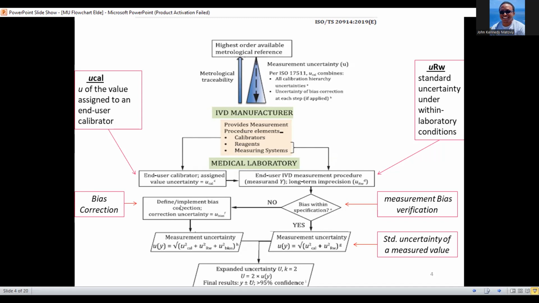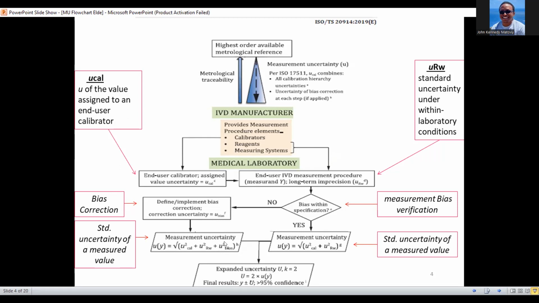So now you have uncertainty from the bias, uncertainty from CAL, and uncertainty from our long-term imprecision. Then you simply combine the UCAL, the uncertainty from our standard within lab conditions, and the uncertainty attributed by the bias.